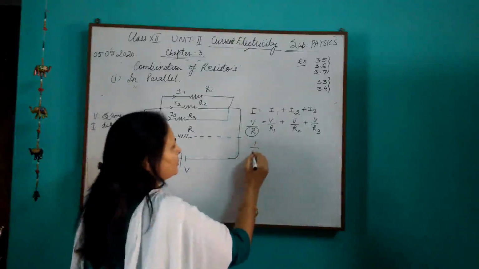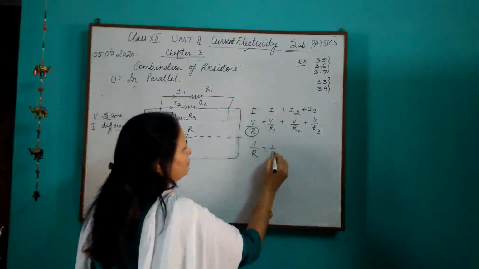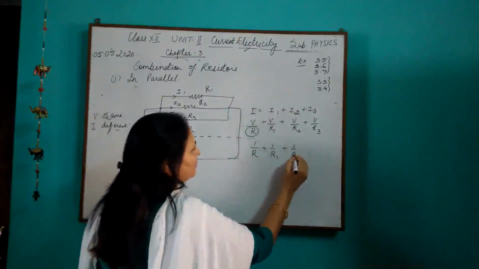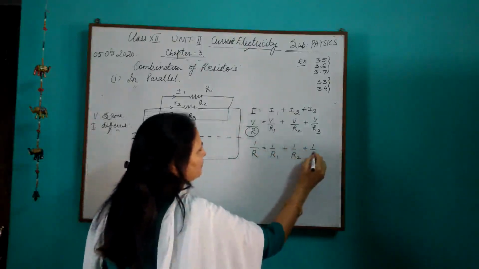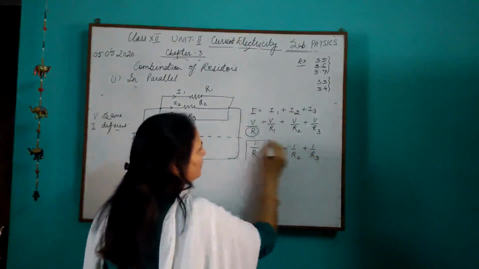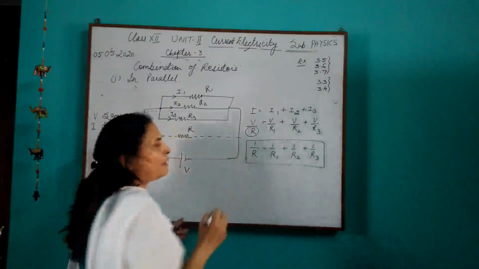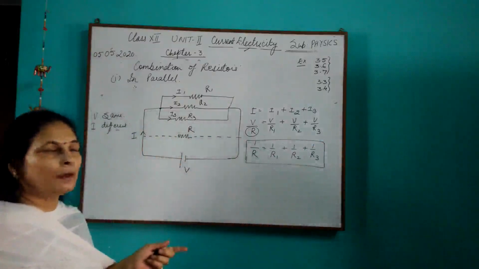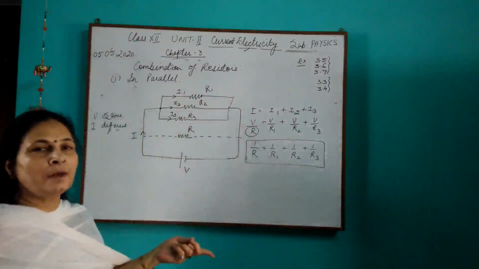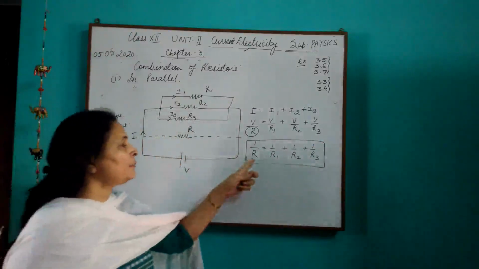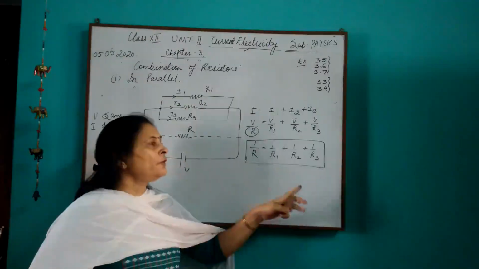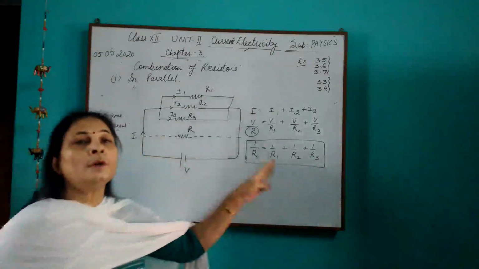So from this expression we get 1 upon R is equal to 1 upon R1 plus 1 upon R2 plus 1 upon R3. Again you can see it is the reverse of capacitor, and in parallel combination the equivalent resistance is going to decrease.